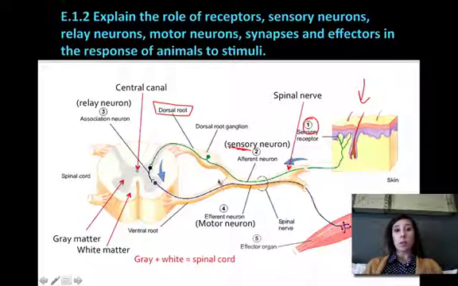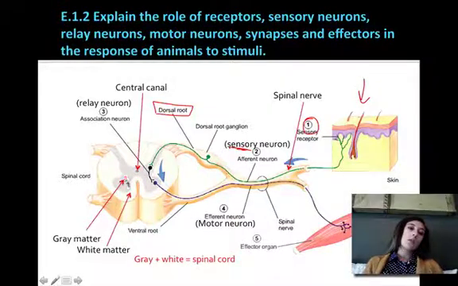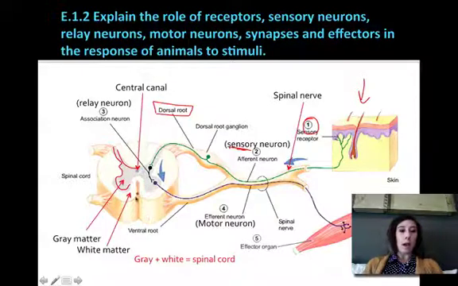Ganglion are the nerve-like bundles, and they are dorsal because they're on the dorsal side of the body, and then they're going to go into the central nervous system, which will be in the brain. And if you notice, you've got this region right here, which is going to be gray matter, and then this outer portion is going to be the white matter.